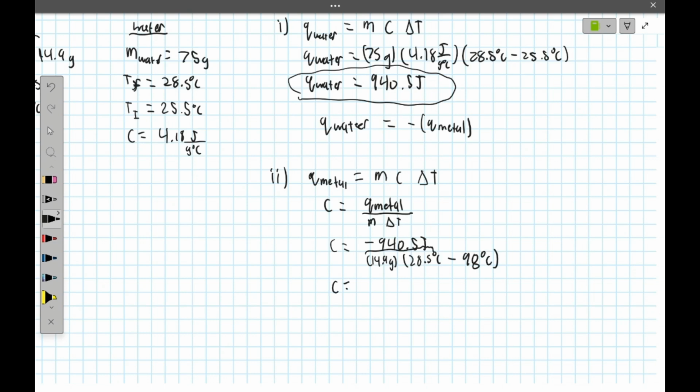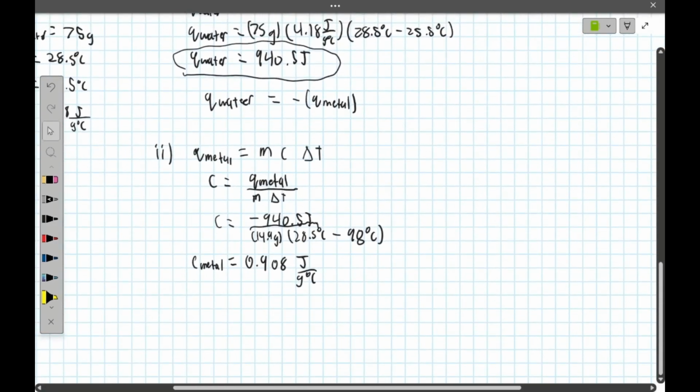Plug this into your calculator, and the C of the metal is equal to 0.9908 joules per gram degrees Celsius.